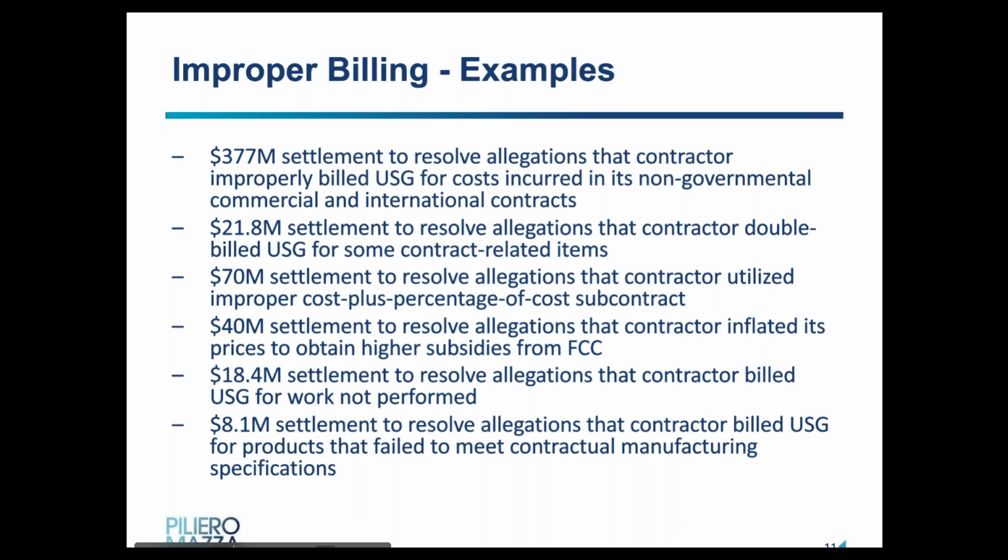So the contractor allegedly obtained reimbursement from the United States for costs of non-governmental activities that provided no benefit to the United States. This is a relatively rare example of an FCA settlement that's based on alleged violations of the cost accounting standards. But it was just such a large amount, and the settlement resolved a qui tam suit that was brought by a former employee.